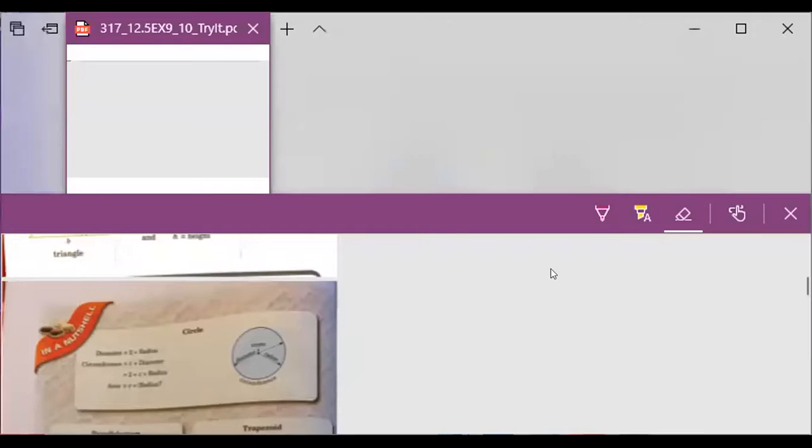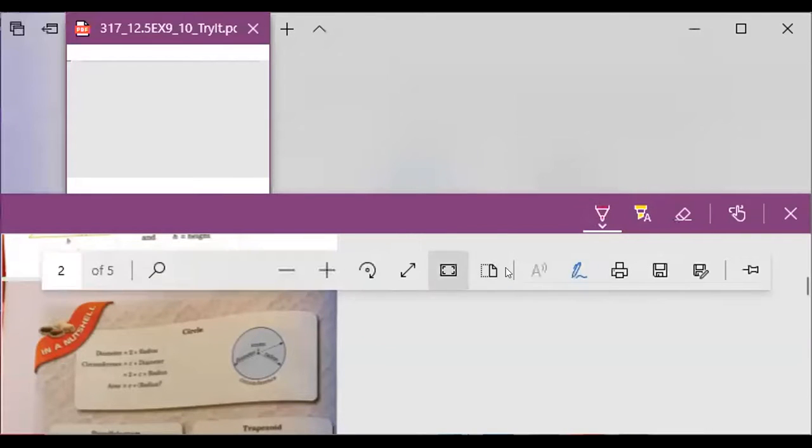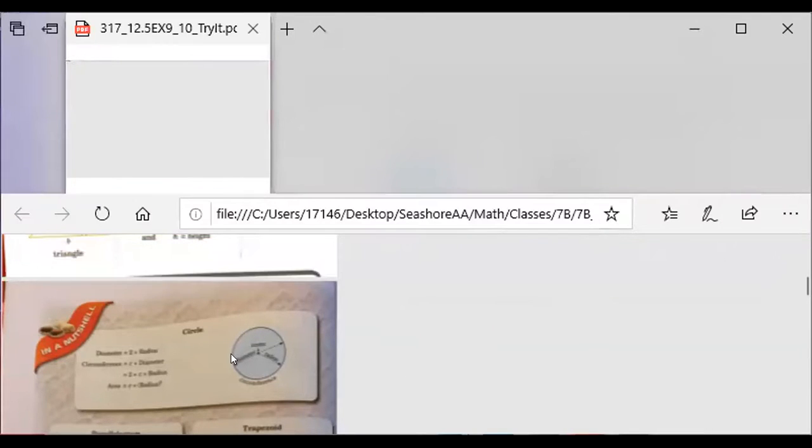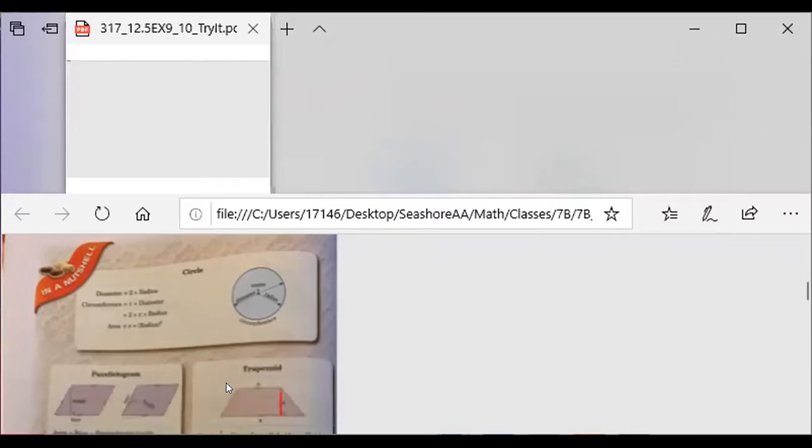The radius is half of the diameter. And then if we want to figure out the area, it will be pi times radius to the power of 2, okay?